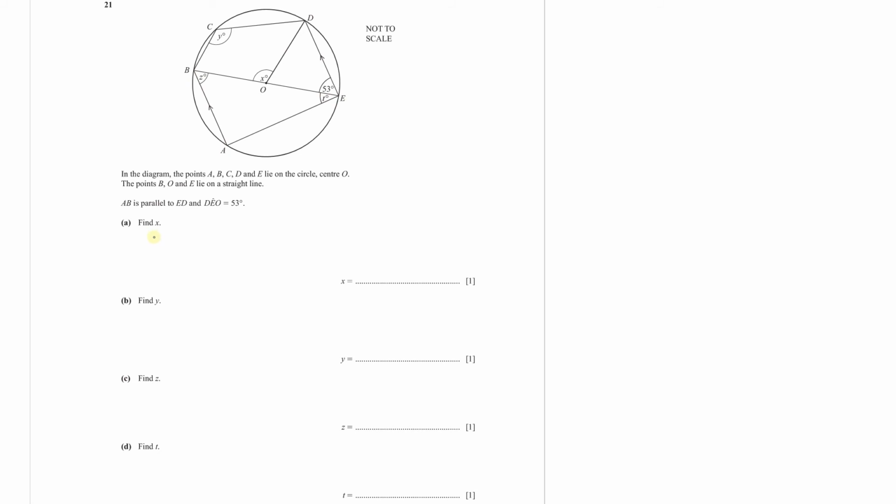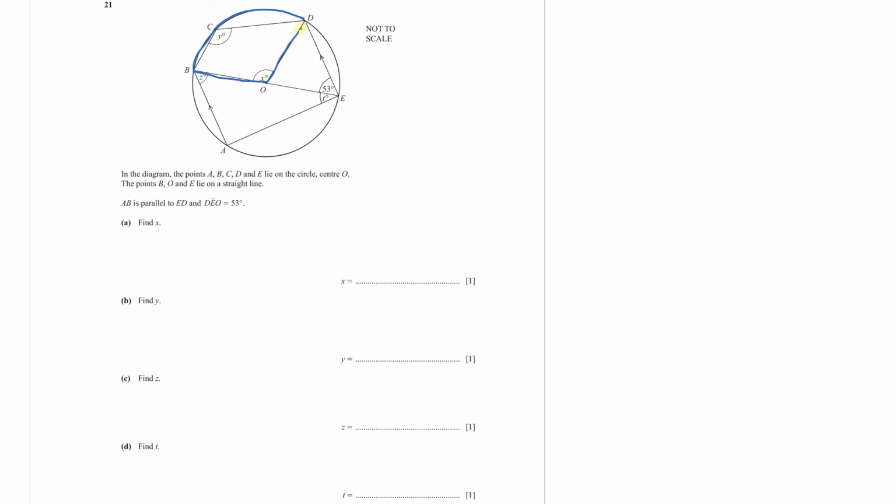First part is find the angle X. So this is the angle X at the center. So if you look at this arc BCD, which subtends this angle at the center, right?